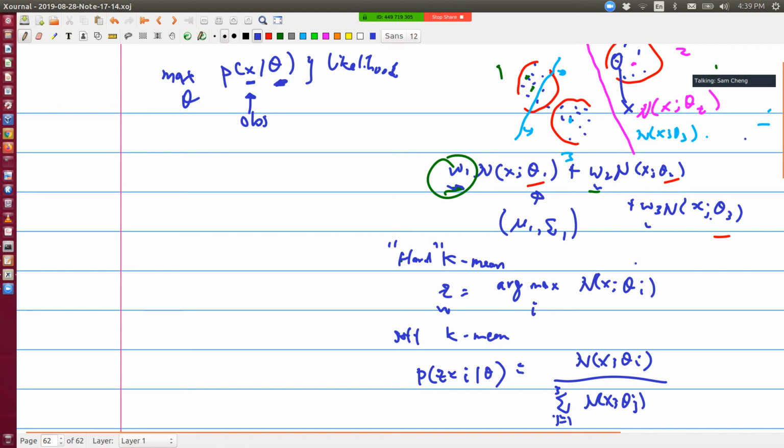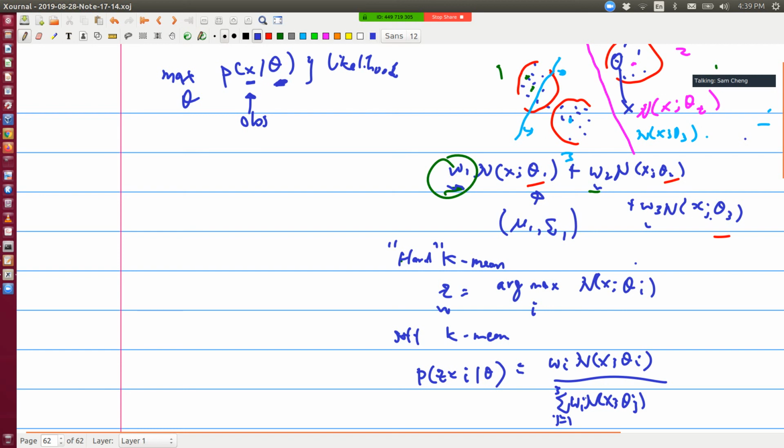So I should take that into account and multiply by W i. So that is what soft K-means would be like. Therefore, this is fractional, not just 1 or 2.